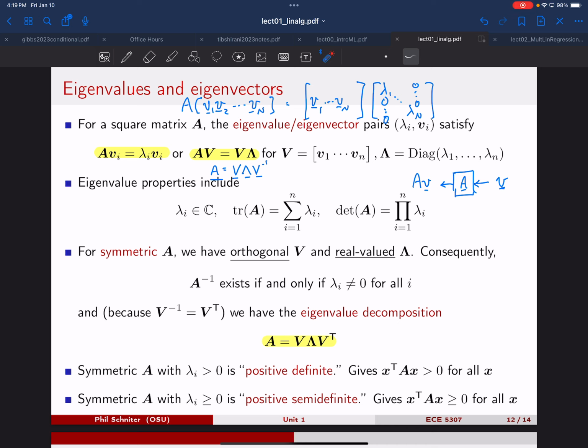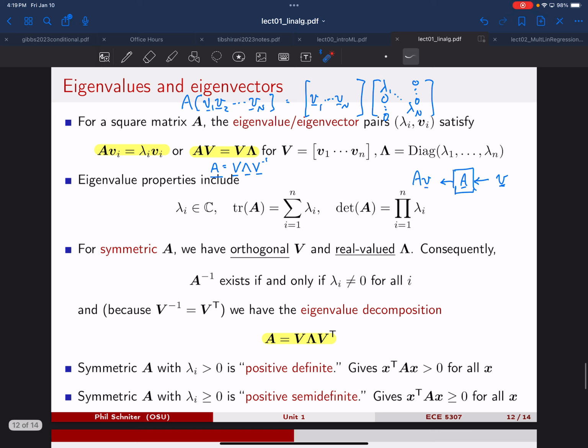So it means that any symmetric matrix can be thought of as a product of three things: a rotation, a scaling, because this lambda being a diagonal matrix, it just scales each of the elements somehow, and then a rotation, and it turns out because the transpose is the inverse, these are the opposite rotations. So it's like rotate, stretch, rotate back. Any symmetric matrix can be thought of as a composition of those operations. Okay, so this is something we'll see several points throughout the course. Any questions on symmetric case?